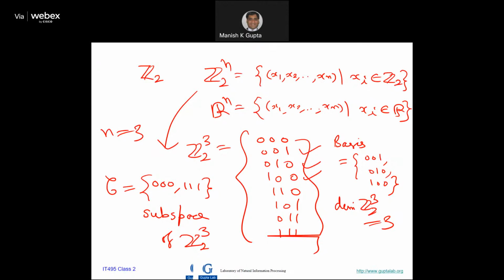Remember? So this linearity property is preserved. This is the key thing. Basically, this has to be a subset of the whole space, and the linearity property is preserved here. If I take two vectors and sum them, you are in the set itself, right? So this is the subspace idea.